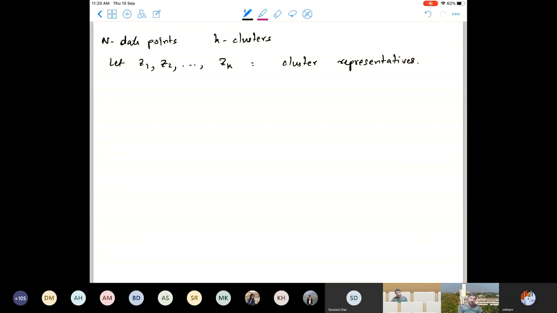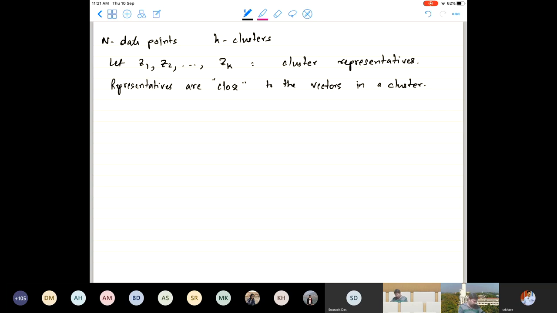Then how are these representatives to be chosen? These are chosen such that representatives are close to the vectors in a cluster.